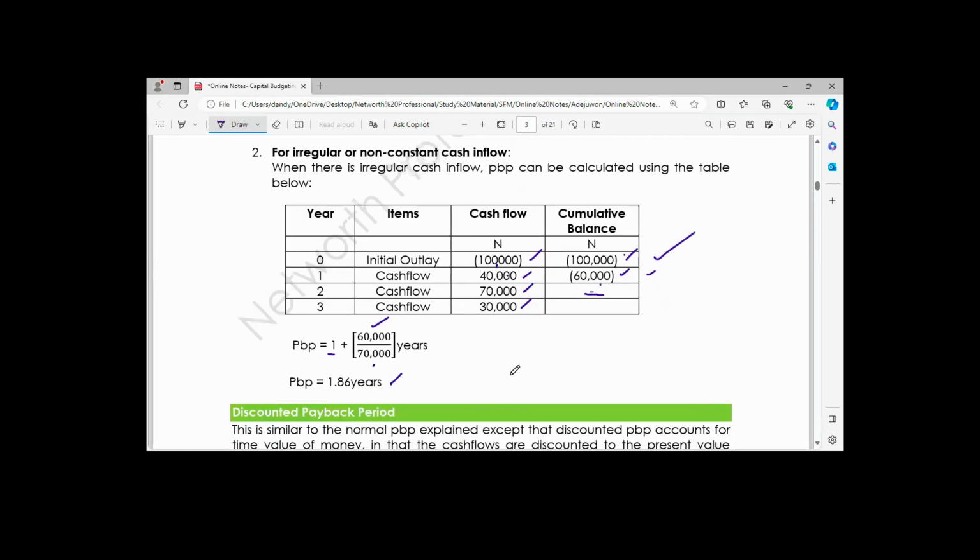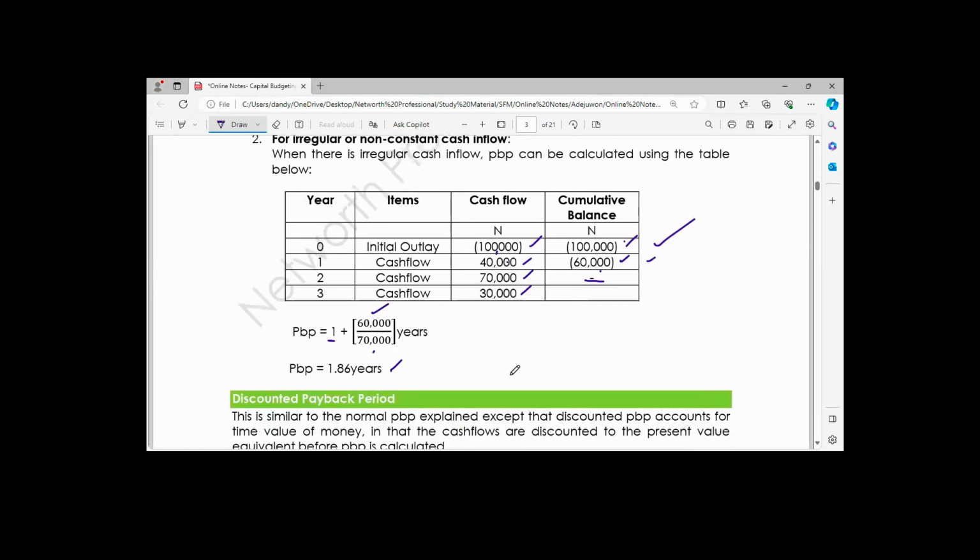So what is the decision rule under payback period? For independent projects, accept if the payback period is equal to or shorter than the management predetermined payback period.